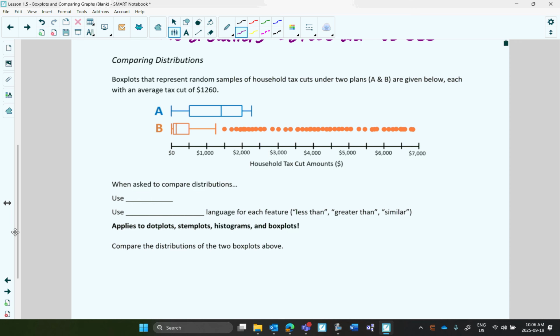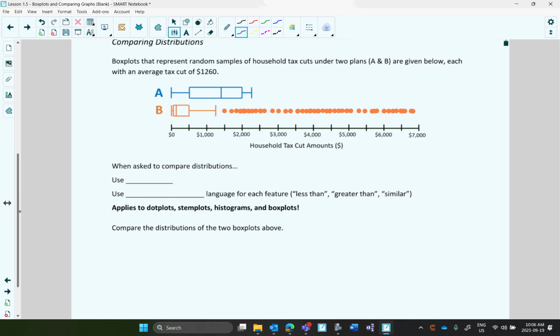In A, we have no outliers, but in B, we have multiple upper outliers. And in B, the median tax cut is quite low, whereas in A, it's higher. And then we could talk about the IQR as well.